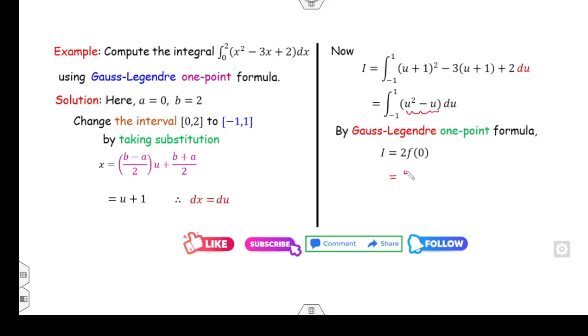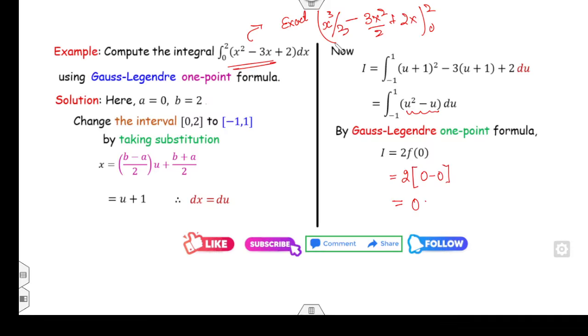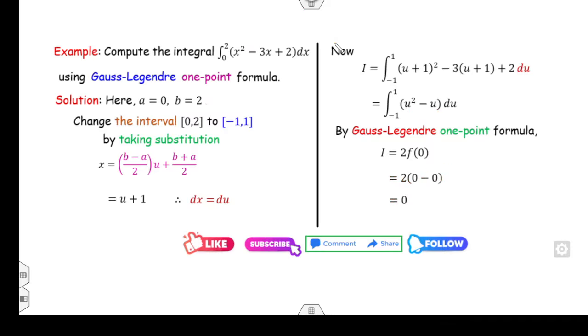You can substitute the value. It will be 0 minus 0. The approximate answer will be 0. And if you want to calculate the error, you can calculate the exact value by using the integration. That is my exact answer. And then you can find the error as well. So the approximate answer will be 0.